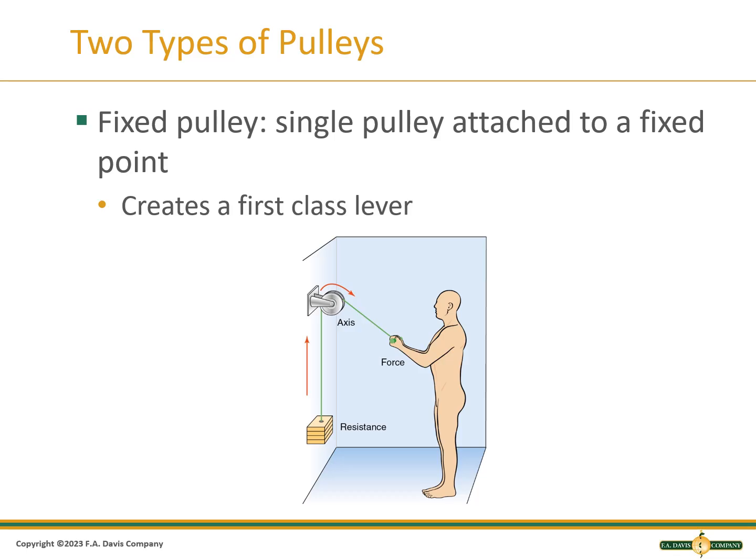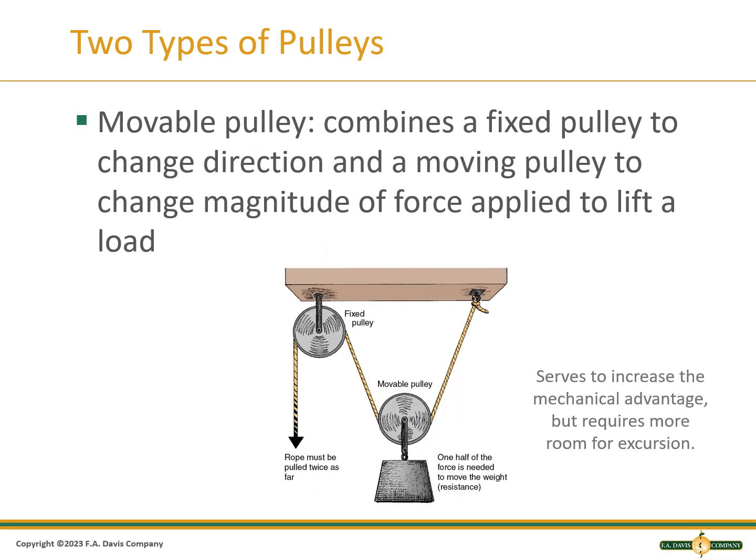This works great to create a type of first-class lever and is like what we saw with fibularis longus in the last slide. Our other type is a movable pulley, which combines a fixed pulley and a moving pulley to provide a mechanical advantage for force. But a movable pulley requires more room for excursion, so it doesn't provide a mechanical advantage for distance. We see these more in weight systems than we do in the body.